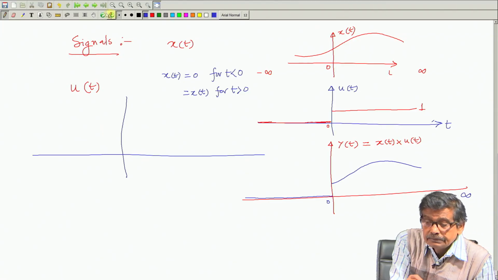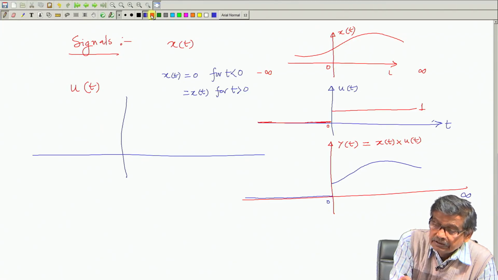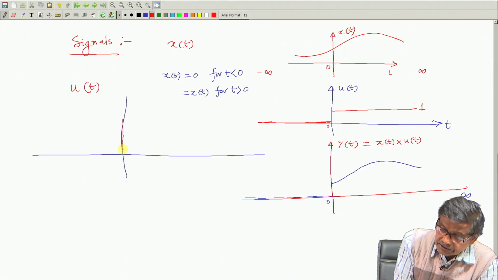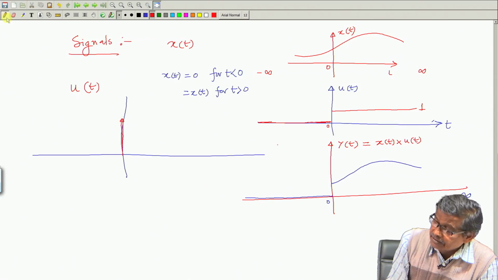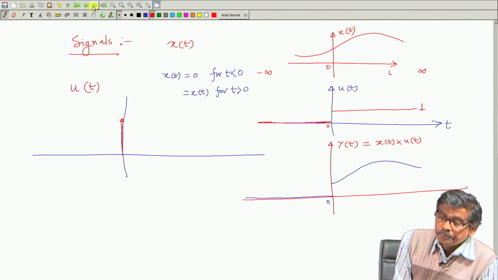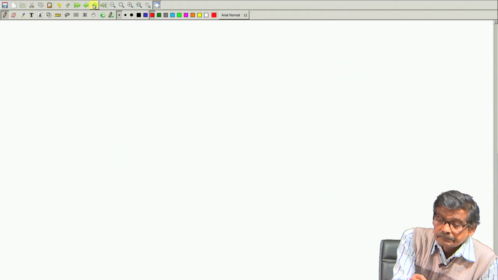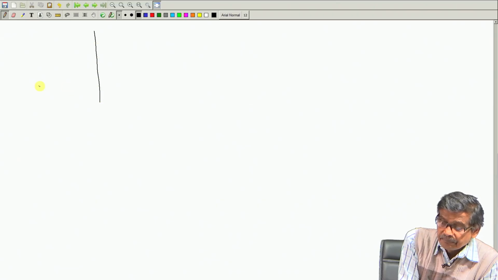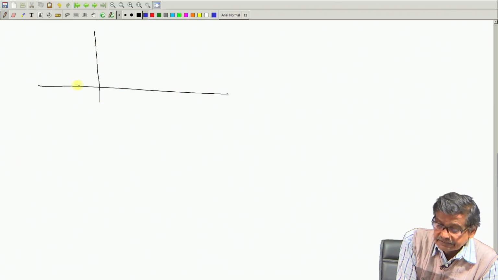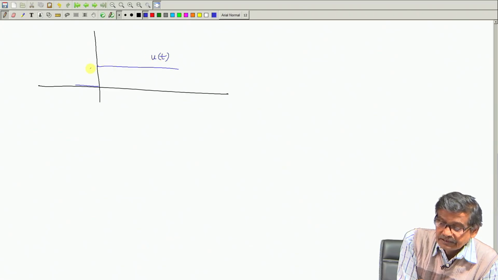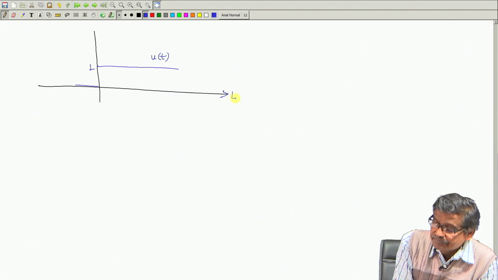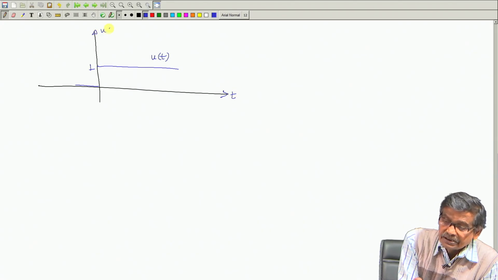Also, we have seen that one function we have introduced is called the unit impulse function. Achha, before that, let us play with this unit step function. Suppose you have a unit step function like this, u(t), this is 1, this is time, and this was 0 before.